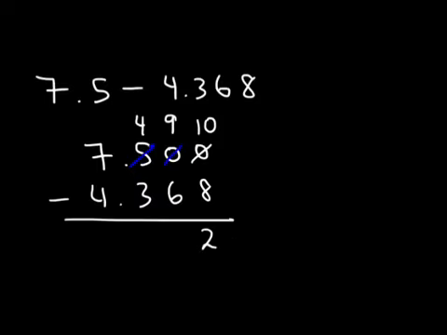And then after that, we have 9 minus 6, which is 3. And then 4 minus 3 is a 1. And for the last one, it's just 7 minus 4, which is 3. And so we get this answer, 3.132.